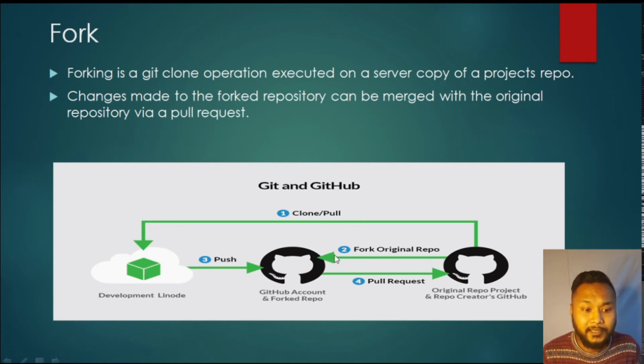So basically, forking a repository is like cloning a repository. It's just the difference that you might have changes with respect to the original content, and the original content might have changes with respect to time.